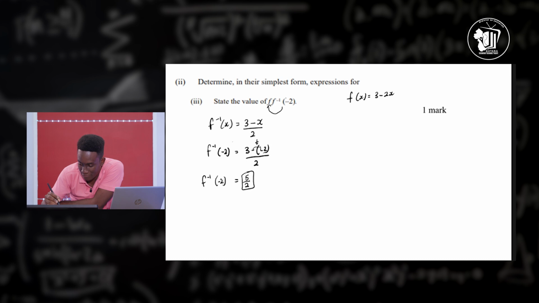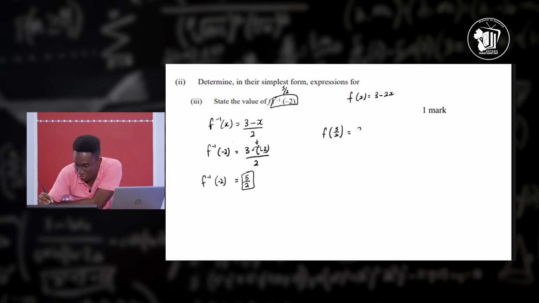So now we'll have f of, instead of x, f of 5 over 2, because this is what f inverse of negative 2 is equal to. So that's how we end up with f of 5 over 2.